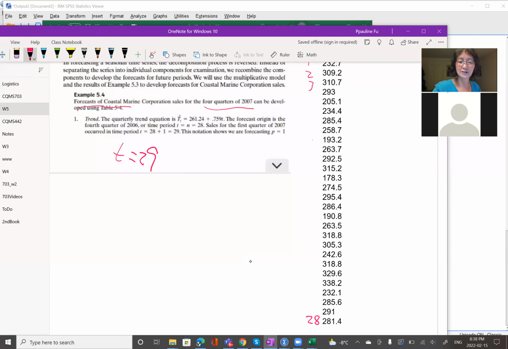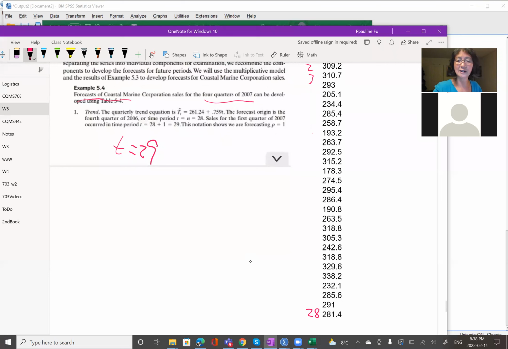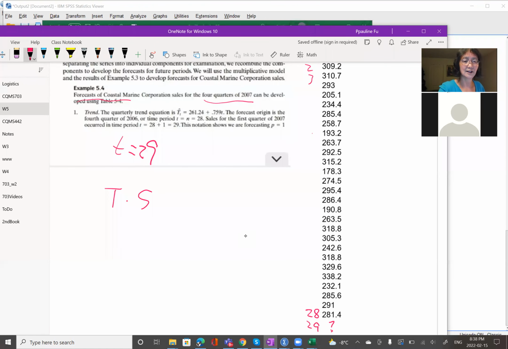That is our task. The original data goes up to 28, and we are going to forecast for 29. Okay. So again, we need to calculate the 4 components T, S, C, I.